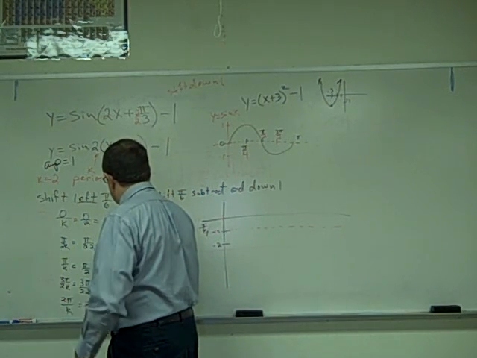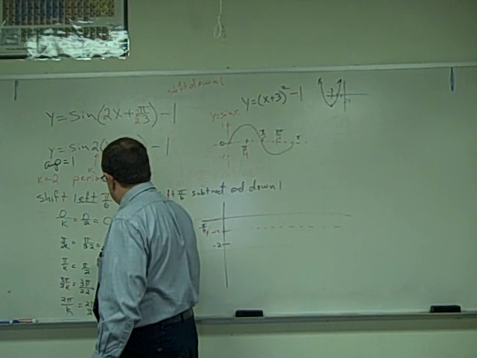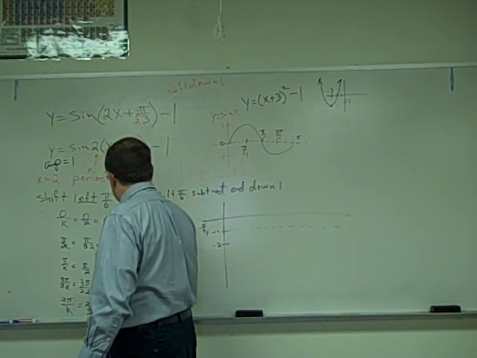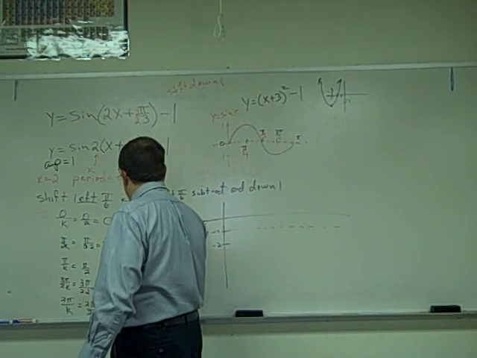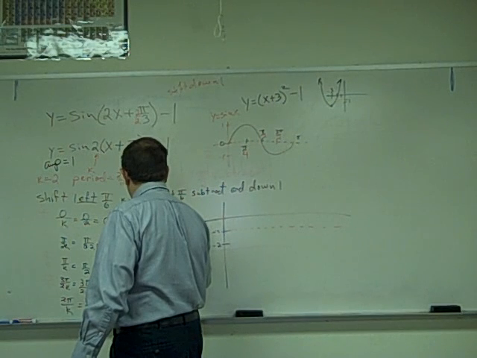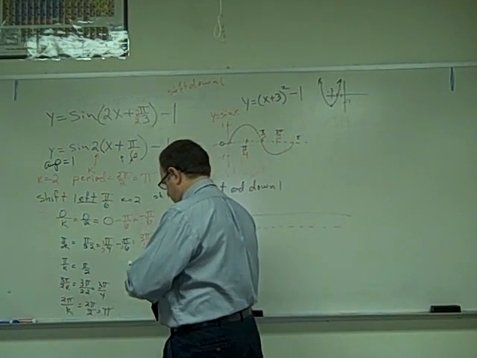And so we need a common denominator, which is going to be what? 12, right? So we're going to multiply what here? 3 over 3 and 2 over 2 here. So this will be 3 pi over 12 minus 2 pi over 12. So we get just pi over 12, right?